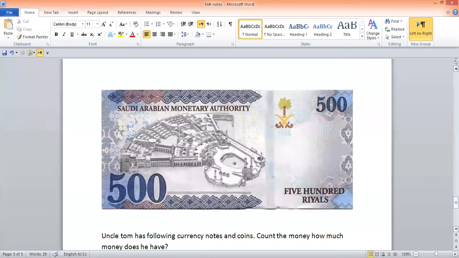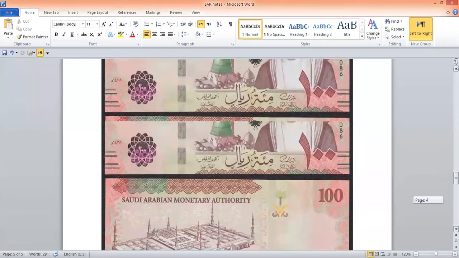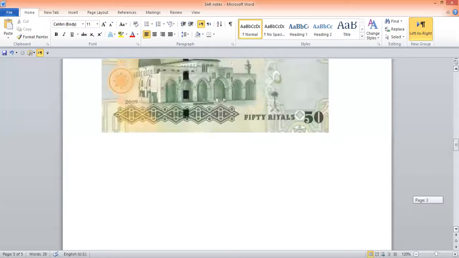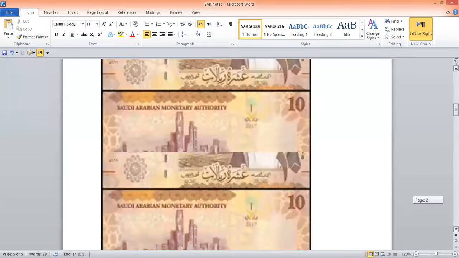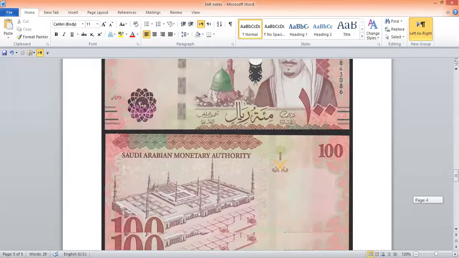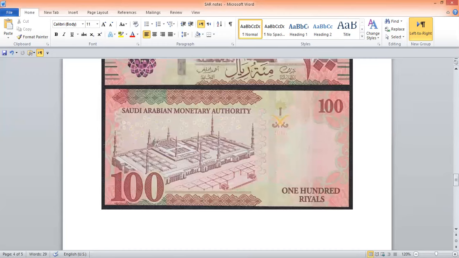Okay guys, if your father asks you to pick one of the currency notes from these 500, 100, 50, 10 or 5, if your father has all these currency notes on the table and asks you to pick one, which currency note are you going to pick from the table?